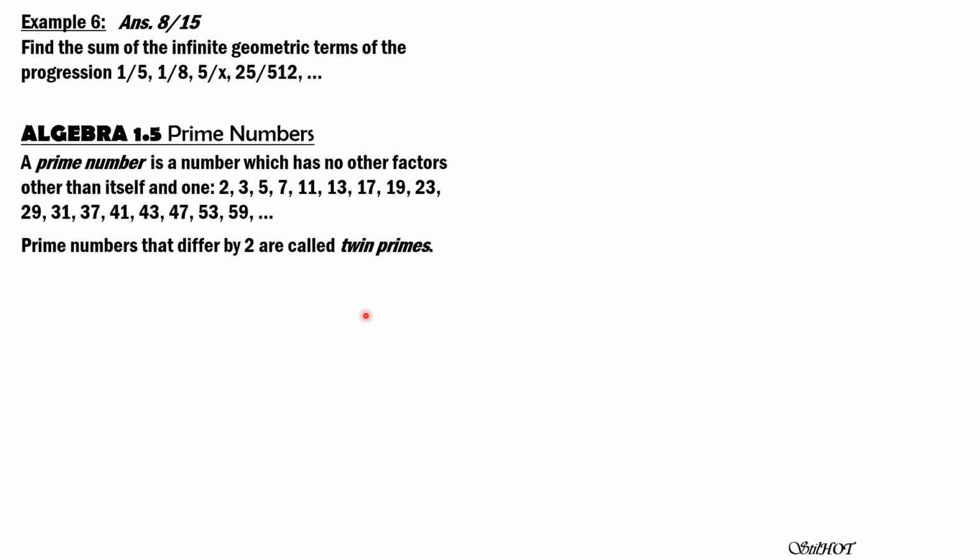Examples of twin primes would be 3 and 5, 5 and 7, 11 and 13, just to name a few.